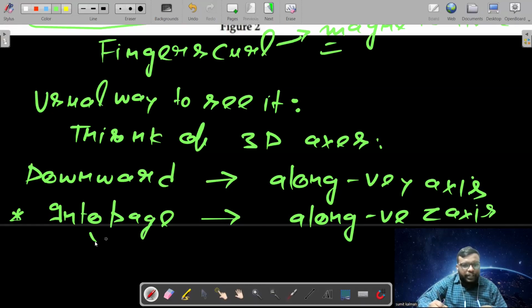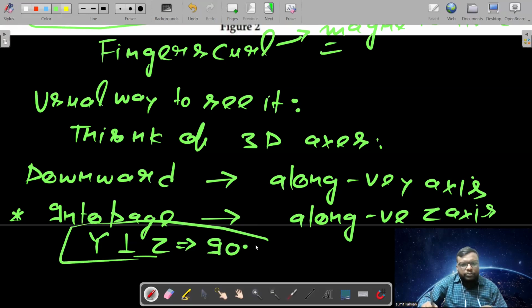So here y is, as we all know, perpendicular to z, which implies 90 degree. So this was the usual way to see it using 3D axis.